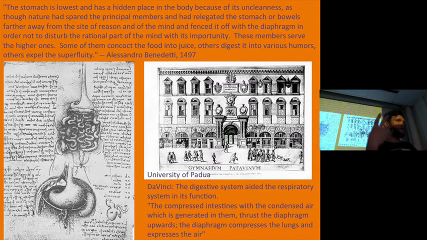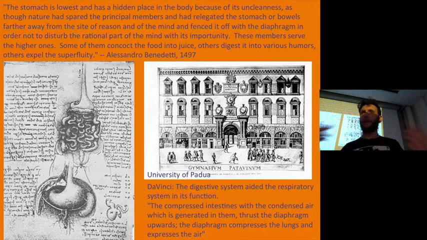This is alluding to the fact that we are going to liquefy, emulsify our food. We're going to masticate it, grind it up, and then suspend it into solution. Others digest it into various humors. I'm assuming that he's talking about farting. And then expel the superfluity.